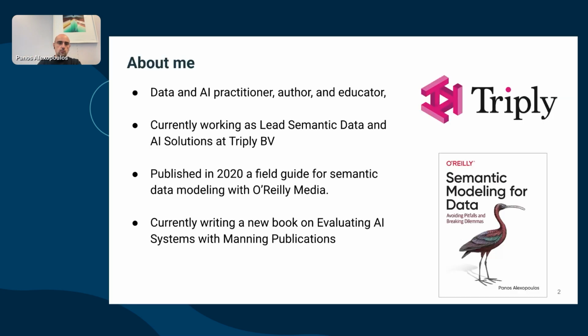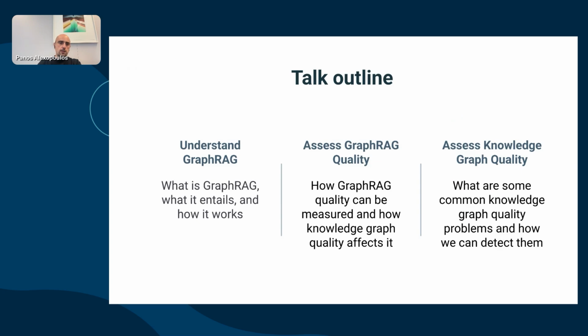So what we're going to talk about today is 3 things. First, a very brief overview of what GraphRAG is, what it entails and how it works. Then we're going to talk about how we can assess GraphRAG quality, what metrics we can use, what these metrics can tell us, and how from these metrics we can determine or at least suspect whether our knowledge graph needs to be improved or not.